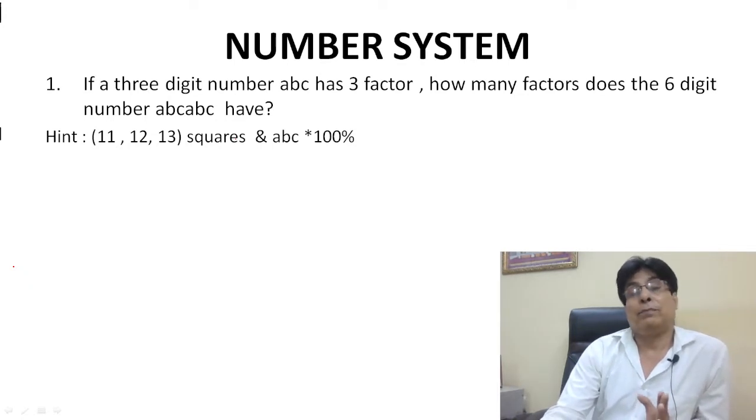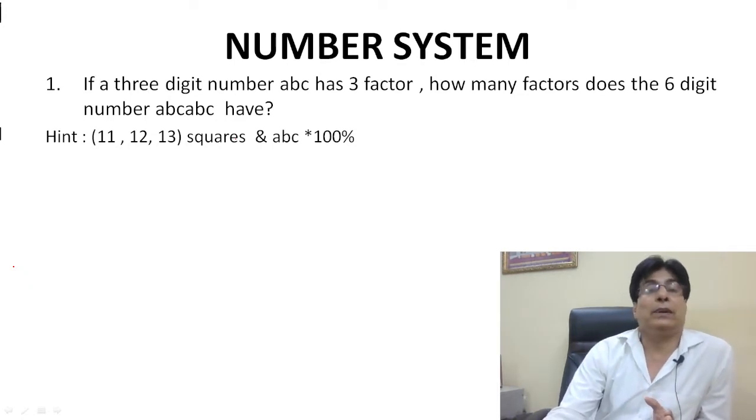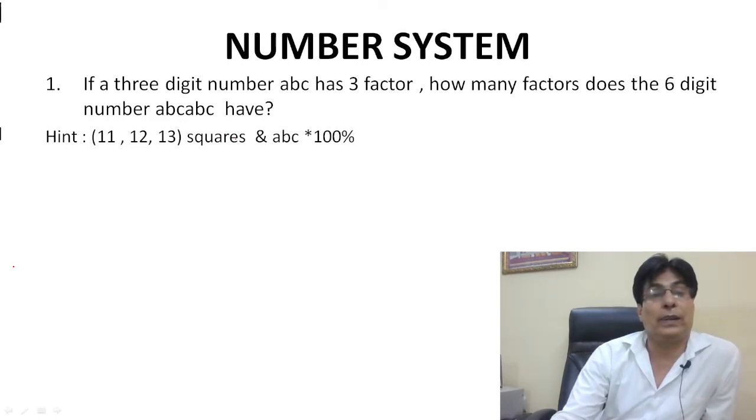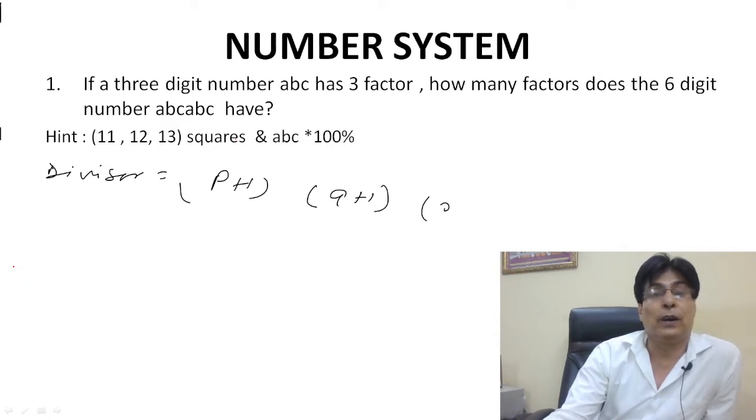If the prime factors of a given number are a^p into b^q into c^r, then the number of divisors is equal to (p plus 1) into (q plus 1) into (r plus 1).